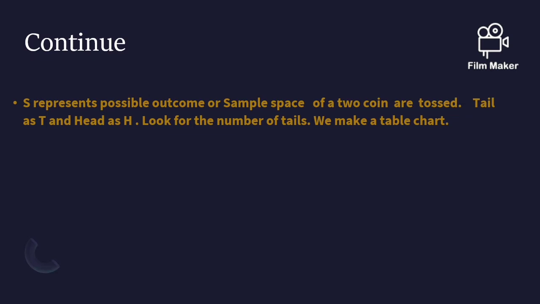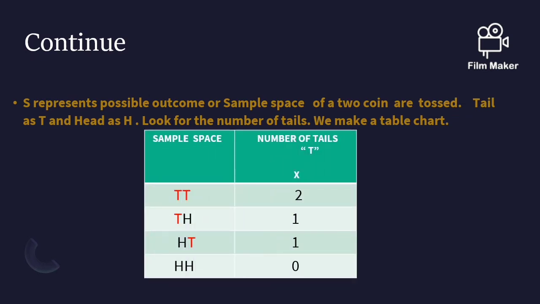Look for the number of tails and we make a table chart. So this will be the table chart. We will write sample space, number of tails. Again, the sample space of the coins: tail and tail, tail and head, head and tail, head and head.